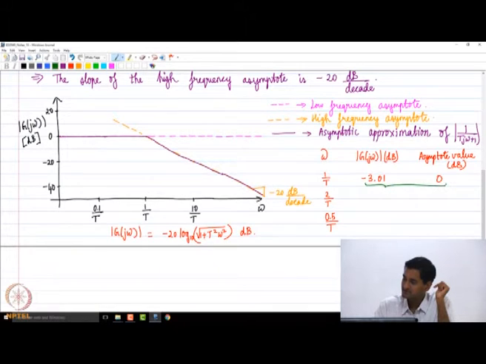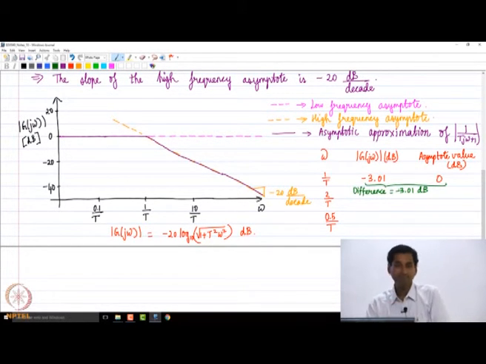The magnitude of the error is going to be, sorry, minus 3.01 decibels, the difference. So the difference is going to be minus 3 decibels, right? Do you agree? So obviously between the asymptotic approach and the actual curve, you are going to have minus 3 decibels.